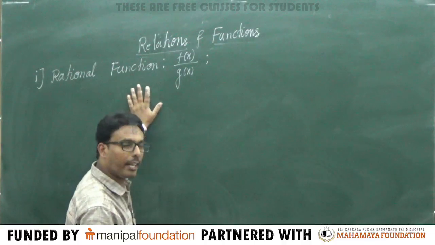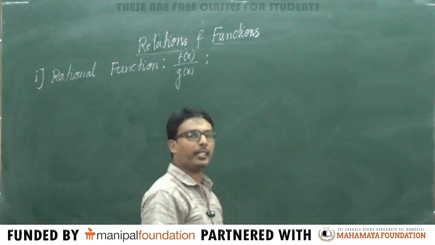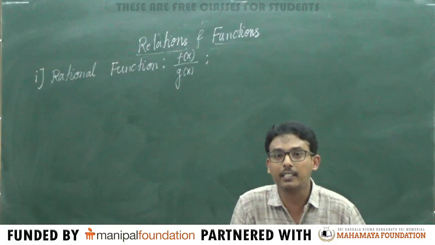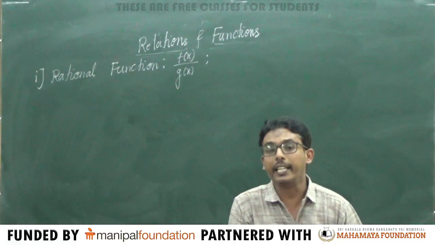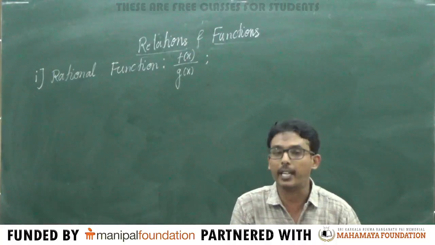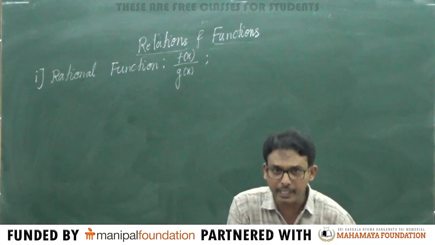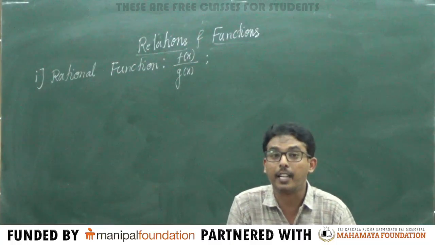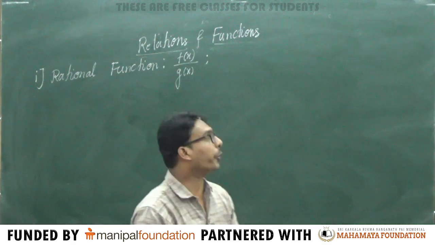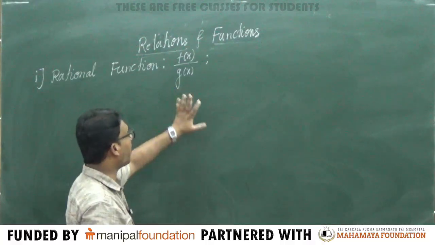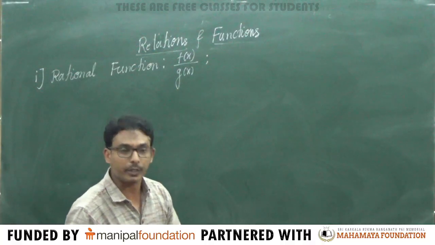And whenever they give a rational function, as the basic concept of mathematics, the value of the denominator is not equal to 0. If the denominator becomes 0, that number is not defined. Therefore, to make this rational function defined, the denominator is not equal to 0.